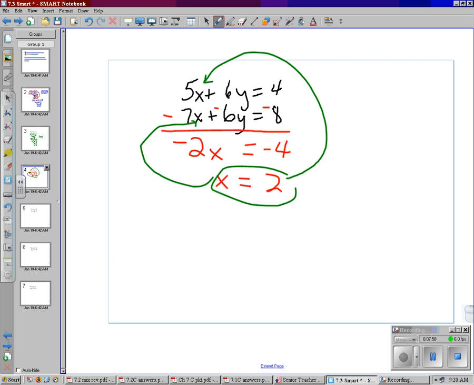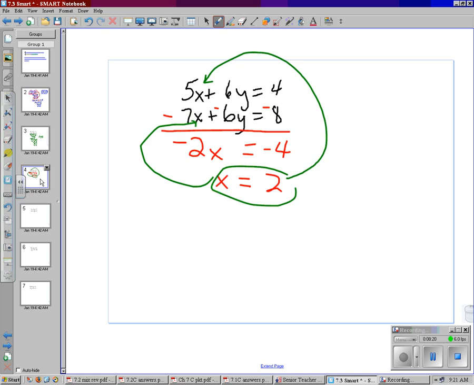You can put it in the original 7x plus 6y equals positive 8, or put it in the top one where all the positives are. Sometimes kids make mistakes because of all the negatives. It'll get you a correct answer as long as you do your math right.